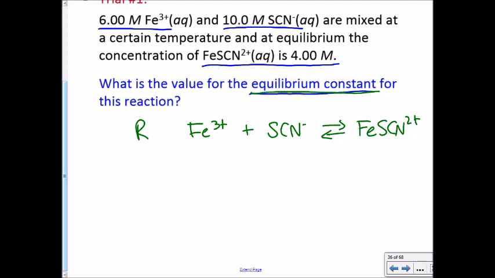Make sure I put that out there so it keeps track of what I'm going to do. Yes? No, not when you're just doing your RICE chart. The only time you would really want to pay attention to the phases is if, like, all of these have AQ, so they're all going to be part of equilibrium. The ones where they have solids or liquids, you can cross them out.